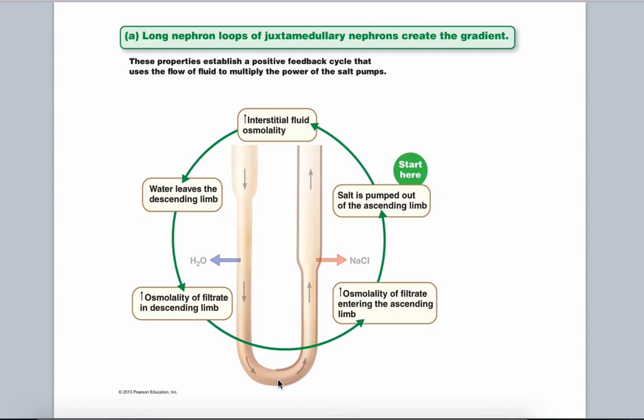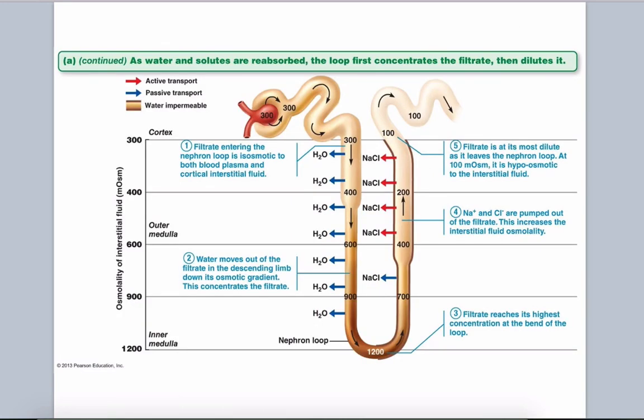So what this cycle does, by passively allowing water to leave and actively pumping out sodium chloride, is have the effect of a more concentrated filtrate down here at the bottom of the hairpin than on the other side. This is actually a helpful figure. It starts off at 300 milliosmoles in the plasma, and so is the filtrate.